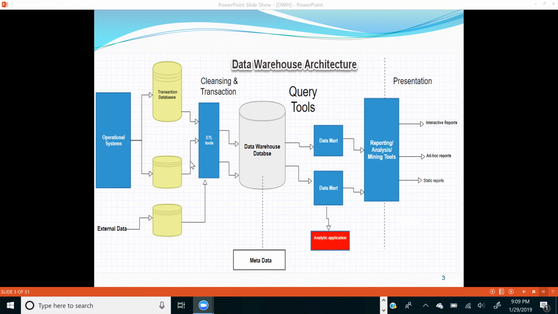After which you see ETL tools, then the data warehousing component, then metadata, then data mart, and then reporting, analysis, or mining tools. All these things we need to understand probably in our next 30-minute session. I hope everyone will get into the details of each of these terminologies.